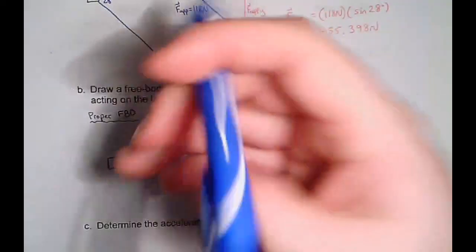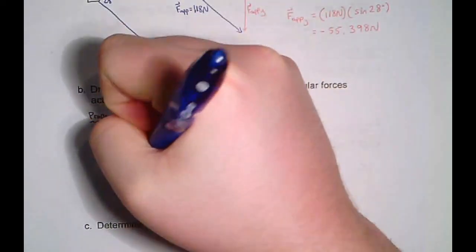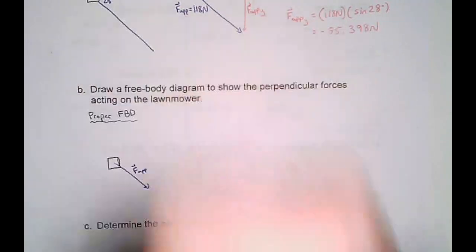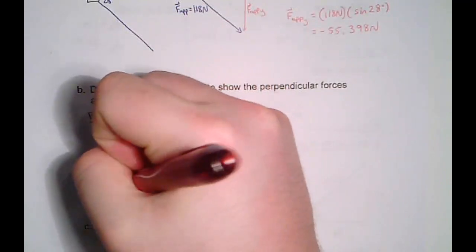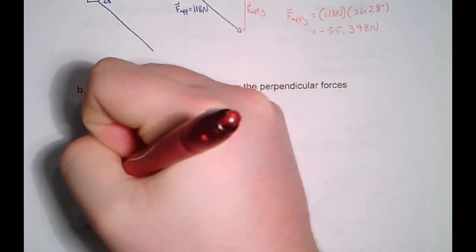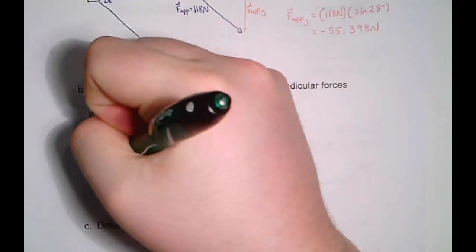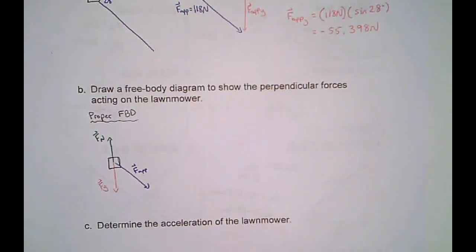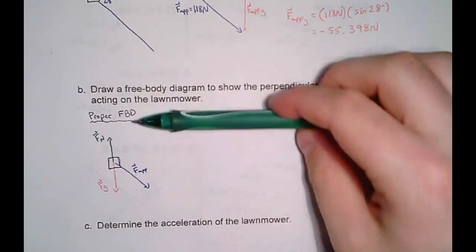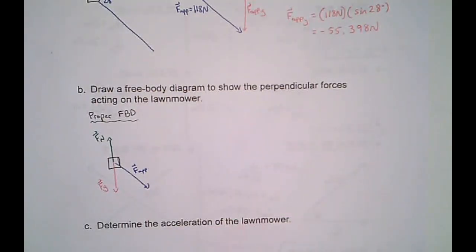And like we did before, we have the applied force going in that direction. We also have the force due to gravity heading down, and we have the normal force acting up. Right now the lawnmower is not going up or down vertically, so those will actually be the same. That is how we do a proper free body diagram.